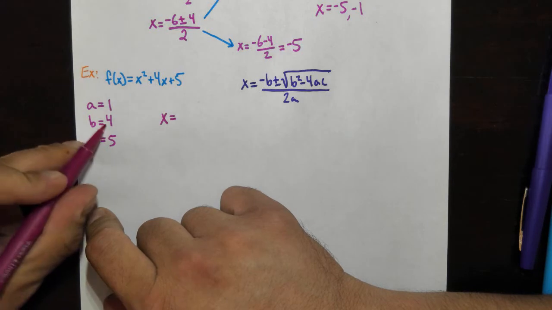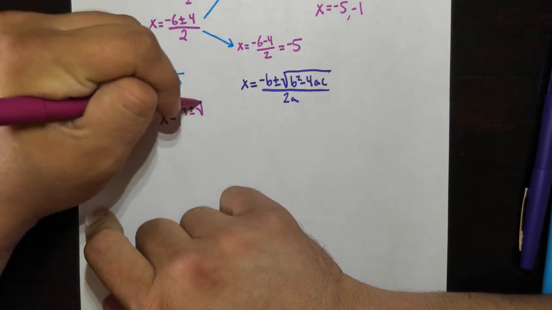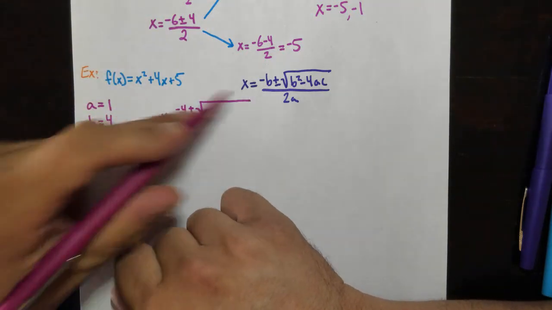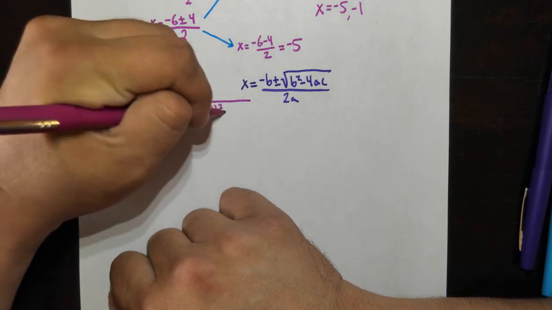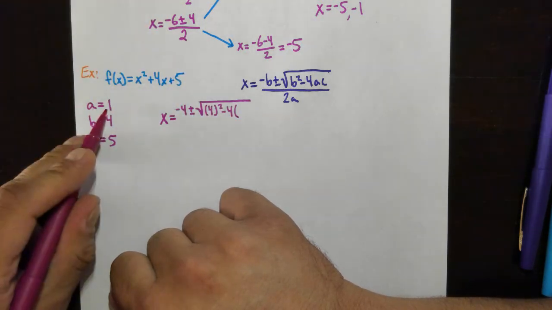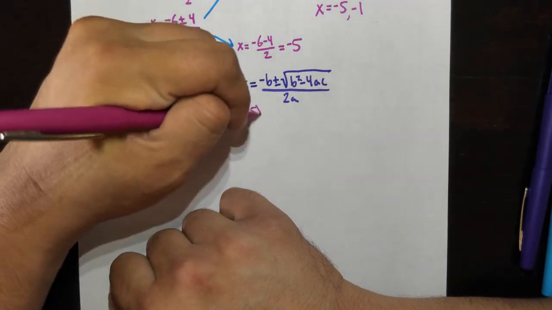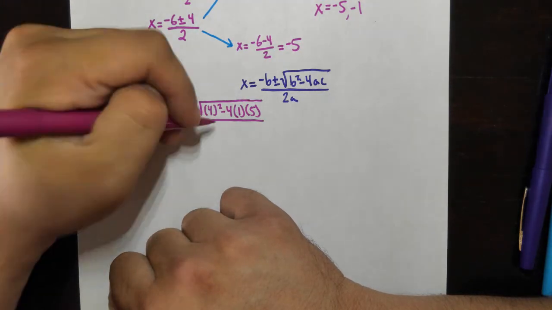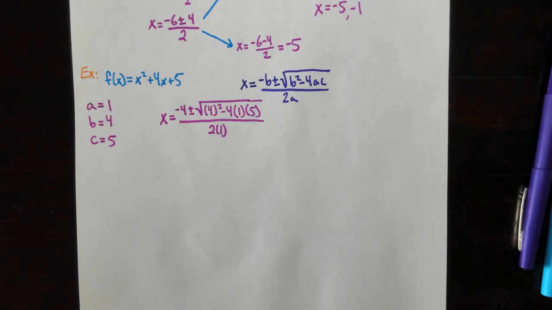So x equals -b, so -4, plus or minus the square root of 4 squared, that's because it's b squared and b is 4, so 4 squared, minus 4 times a, which is 1, times c, which is 5, all divided by 2a, or 2 times 1. And we'll go ahead and simplify this.